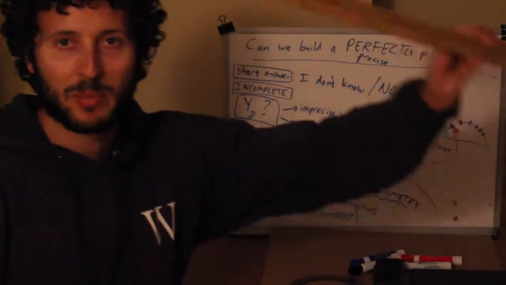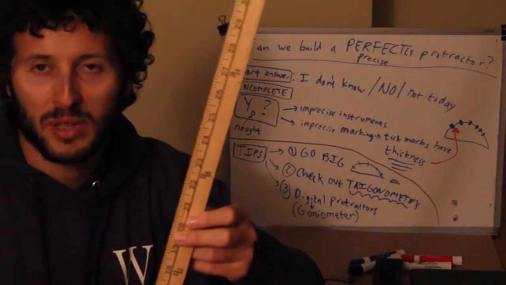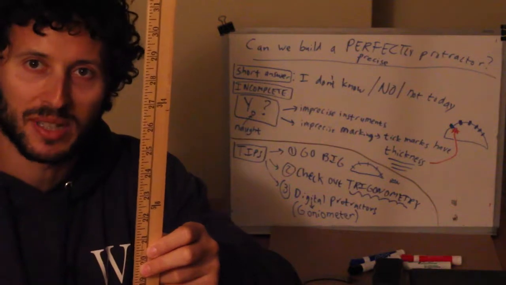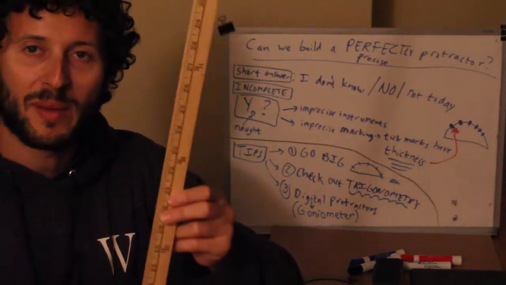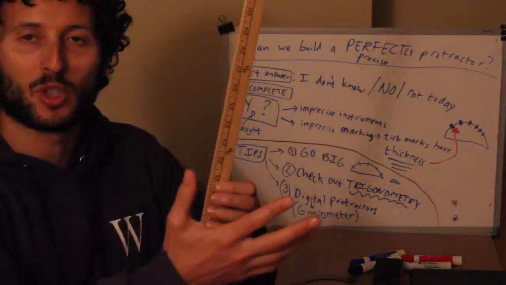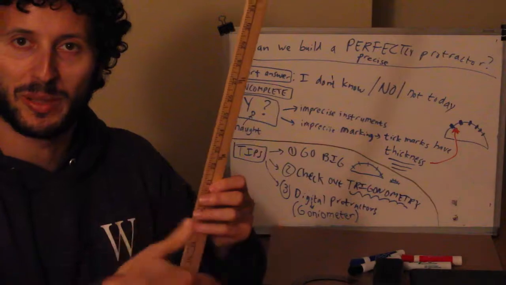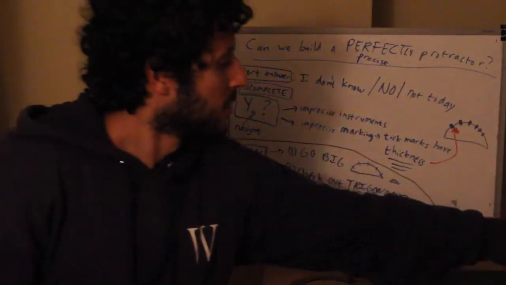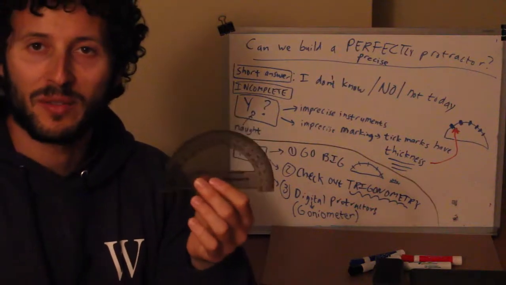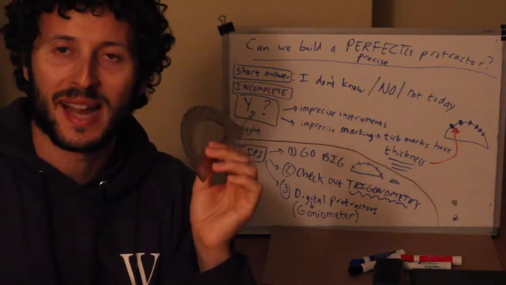For example, in this ruler, these markings are pretty close and fairly precise, but they're not exactly precise. And if I'm going to measure things with something that's not perfect, clearly what I'm trying to do won't be perfect either. So that's just going to translate and have a downstream ripple effect.